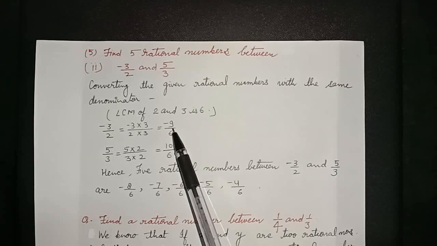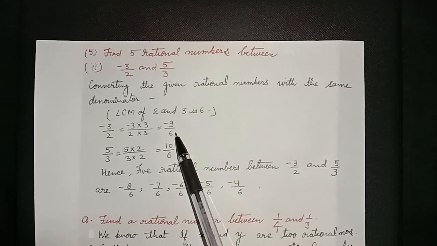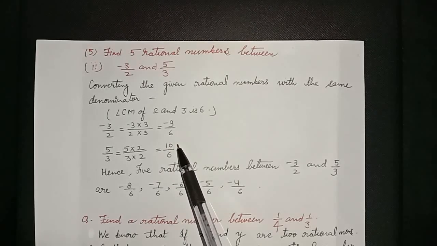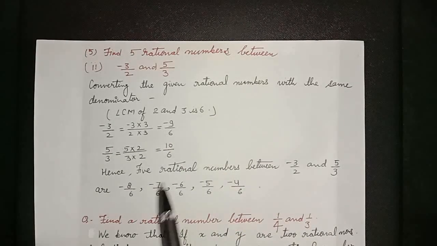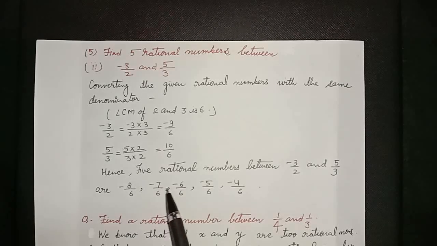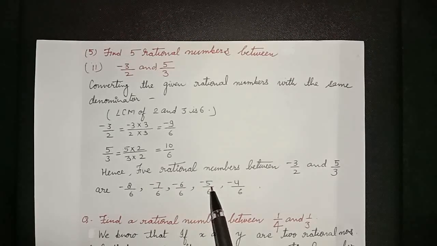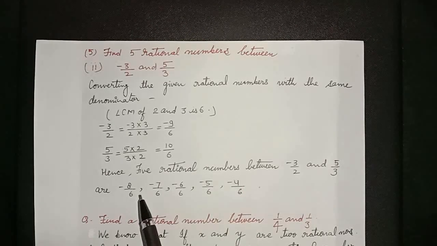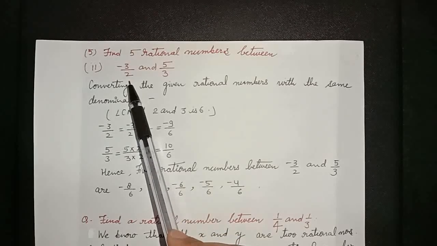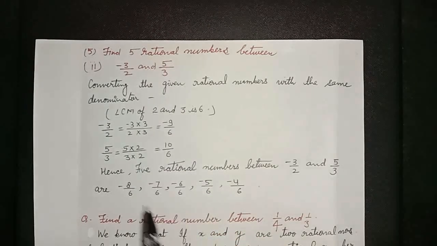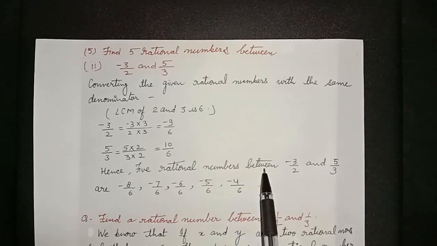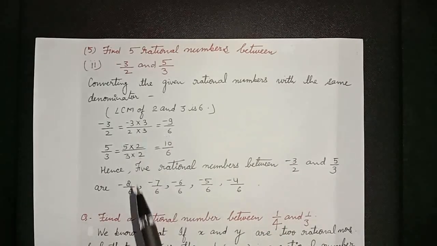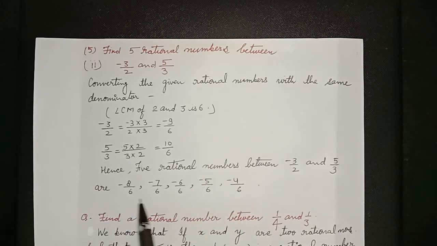Hence, 5 rational numbers between minus 9 by 6 and 10 by 6 are minus 8 by 6, minus 7 by 6, minus 6 upon 6, minus 5 upon 6, minus 4 upon 6. But you have to write rational numbers between minus 3 by 2 and 5 by 3. So in your answer you will write 5 rational numbers between minus 3 by 2 and 5 by 3 are these numbers.